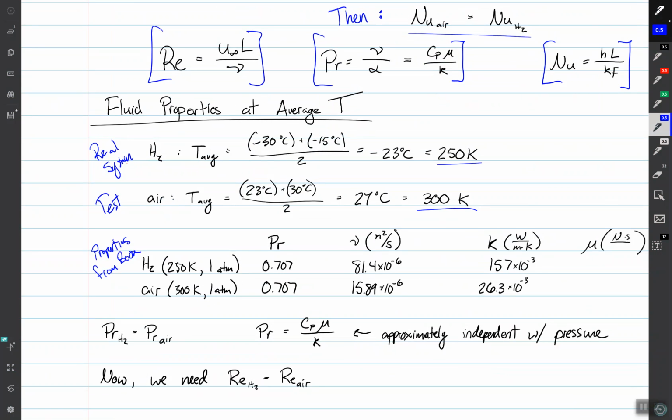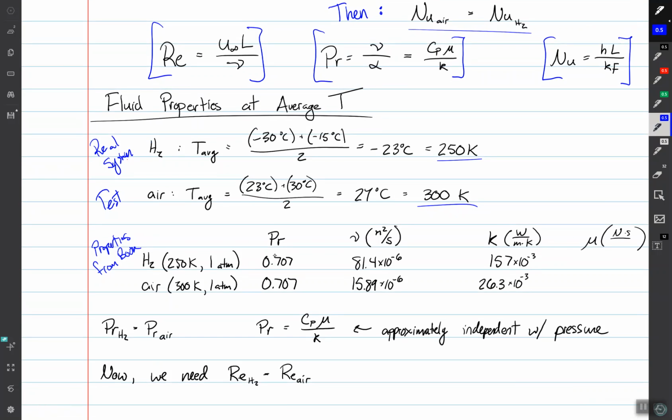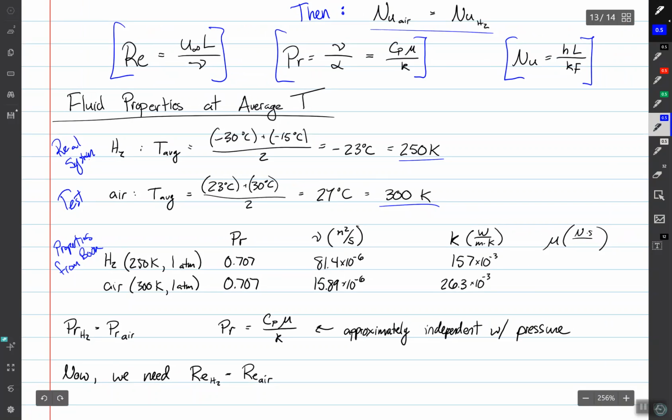Hydrogen, we're not actually at 1 atmosphere, we're at 2 atmospheres. But we can look in our book and find the Prandtl number, the kinematic viscosity, the thermal conductivity. We can find other things like the normal viscosity. We won't need that right now, but we could find it.